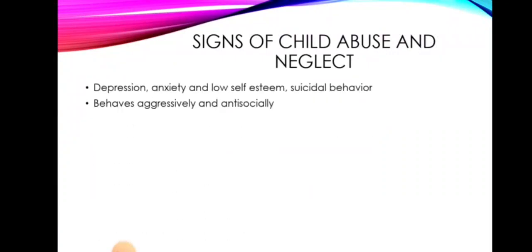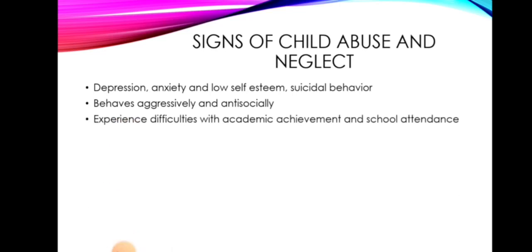So next we will see the signs of child abuse and neglect. If the child has undergone any abuse, the child will have depression, anxiety, and low self-esteem that leads to suicidal behavior. The child behaves aggressively and antisocially, and also faces difficulties with academic achievement and school attendance.